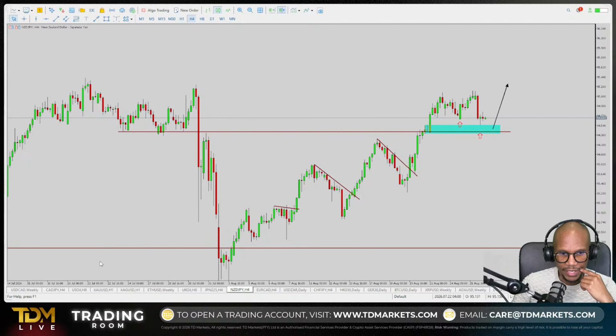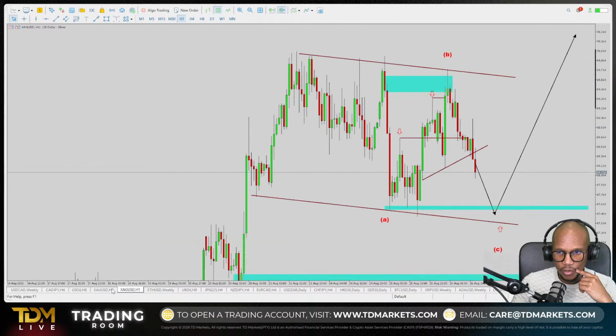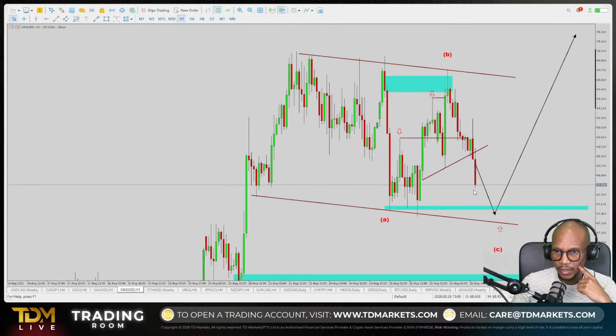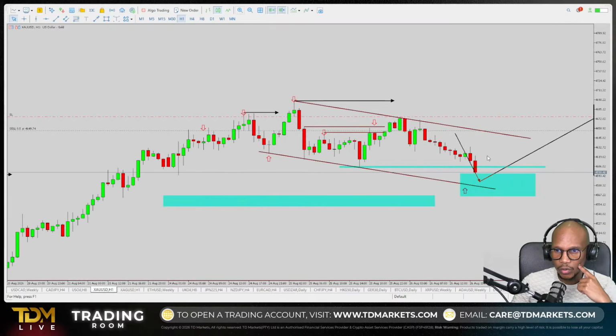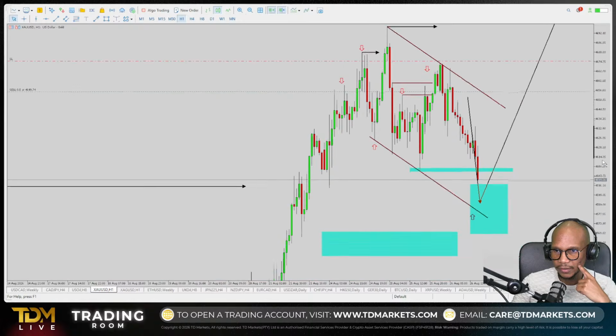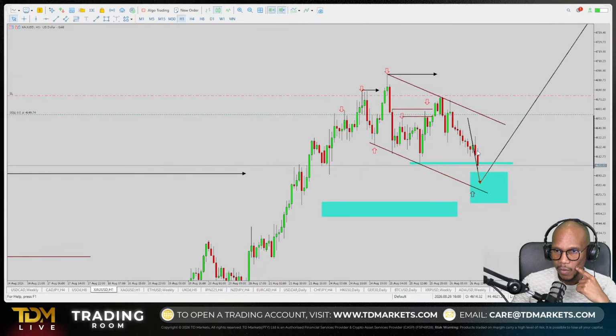NZD-JPY, waiting for that. Obviously gold and silver, so you must look for your setups on silver. If you want to short-term sell this, you must look for your setups. Whoa, look at what's happening. Look what's happening. All right, so look at where gold is. Pinpoint. So now we are now gonna prepare for buys.